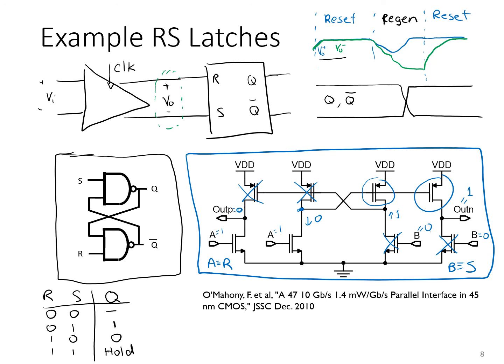Now we've got this transistor over here on. If we now change the state so that the set input goes high, let's say now things change so that B becomes 1 and A becomes 0.